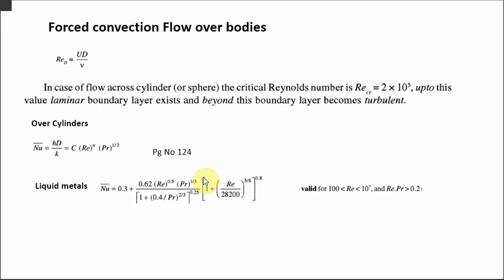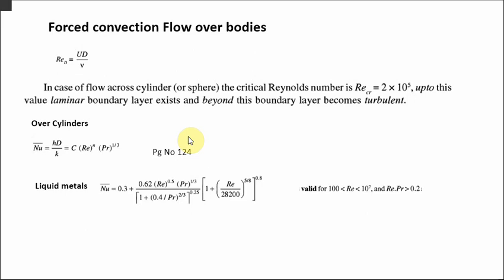It is 1.1 C1 Re raised to n Pr raised to 0.33, where the value of C and n will be obtained from a table given in page number 127. So these are the two things we need to remember for forced convection over cylinders and non-circular bodies.